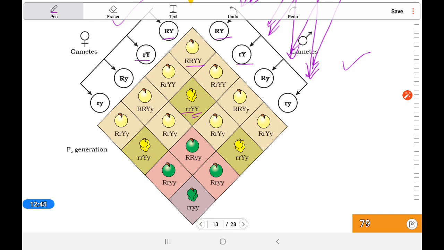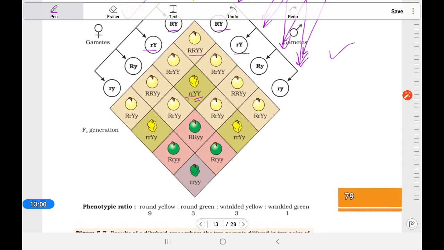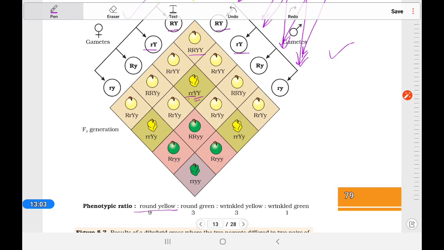We know that if any single dominant gene is available, then the characteristic will be the dominant character. So here we have to calculate round and yellow. If R and Y are available, then it will be round and yellow. Let's count here: 1, 2, 3, 4, 5, 6, 7, 8, 9. So round and yellow is 9.